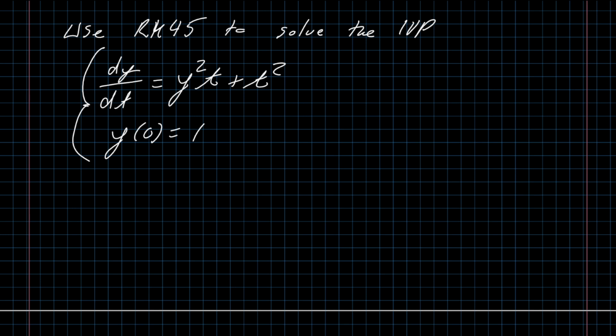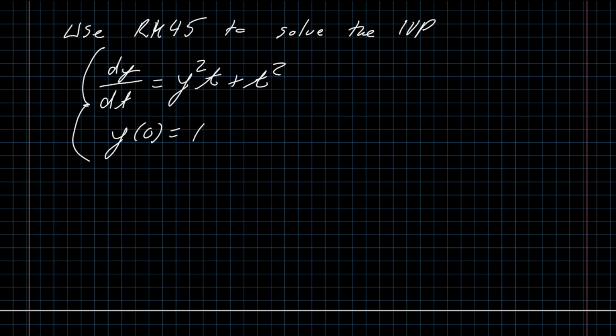So we have here dy/dt is equal to y squared t plus t squared. This is not separable, and it is not linear, so the common tools we have for solving first order differential equations aren't going to help us. We are stuck with, I hope there is a numerical approximation, and luckily there is.